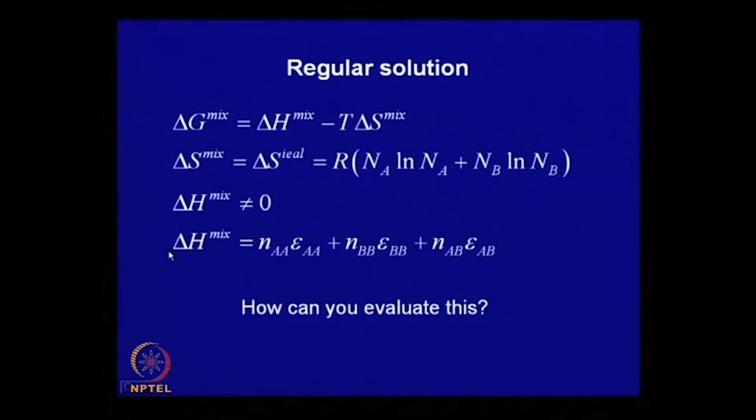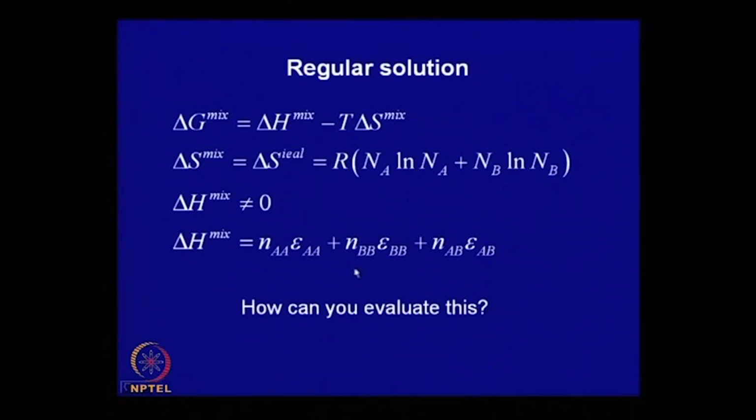If it is a binary solution of A and B, there will be some AA type of bond, some BB type of bond, and some AB type of bond. And enthalpy of mixing is equal to the total bond energy, where N_AA represents the number of AA bonds, and this is the energy of each AA bond. This is how you can write the entire enthalpy of mixing.